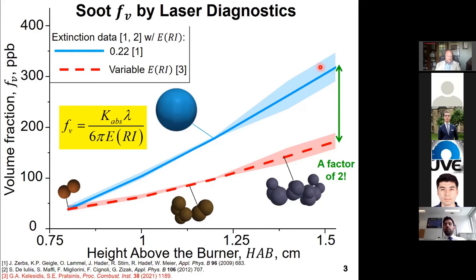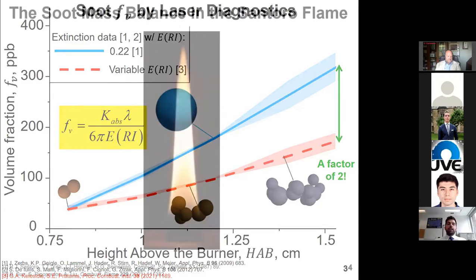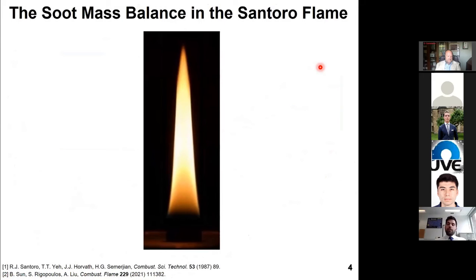Now, so far, we had focused on premixed flames. But I would like to highlight here that it is challenging for combustion models to close the mass balance also in diffusion flames, such as the well-known co-flow diffusion ethylene flame that was introduced by Santoro and co-workers.